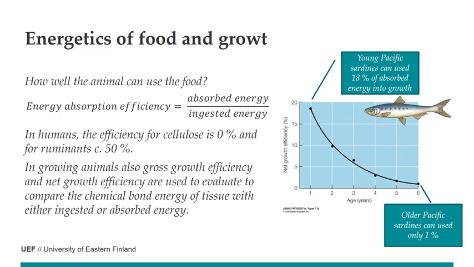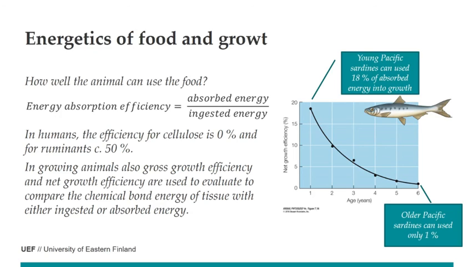Then in growing animals, there is also gross growth efficiency or net growth efficiency, where we compare the chemical bond energy of tissues to either the ingested or absorbed energy. This is used to estimate, when we are raising chickens, at what time we should kill them for food, because after that they reduce the growth of muscles.